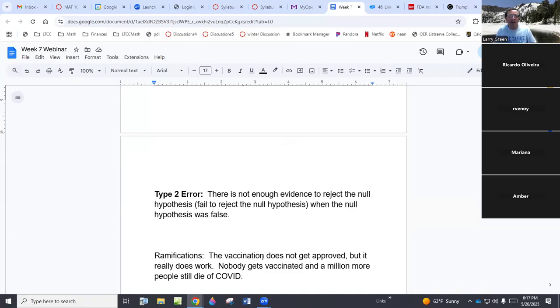Any questions on the type 1 and type 2 errors? These are examples. There are lots and lots of examples and we'll do some others too. This is just one example because the definition is kind of abstract. It's easier to do it by example.